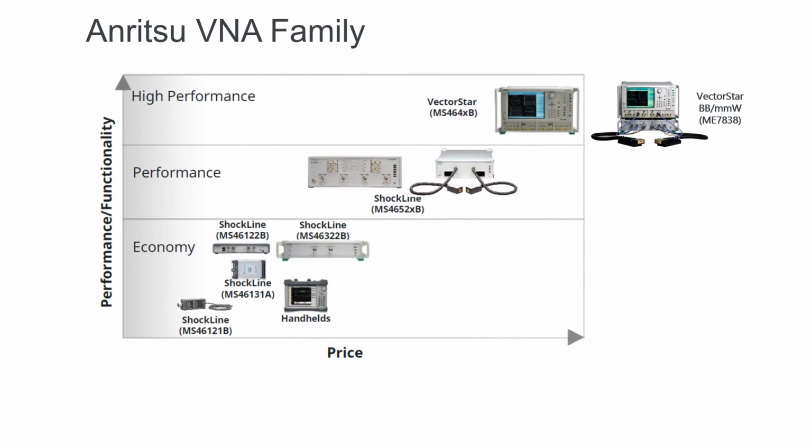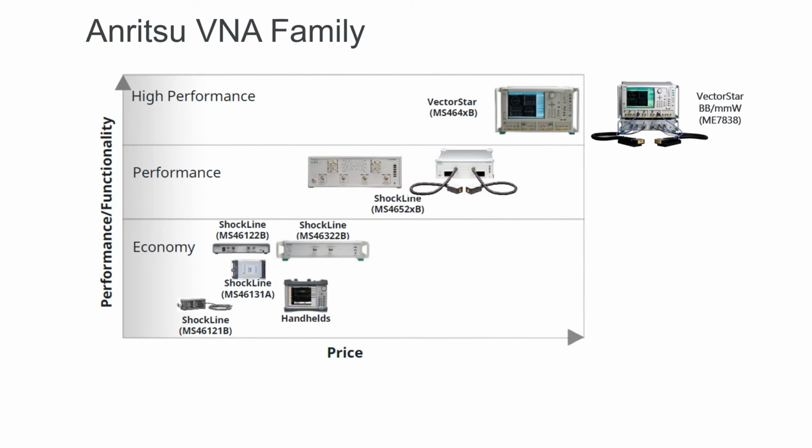So Anritsu has quite a wide family or portfolio of VNAs, ranging from the high-performance VectorStar, which we're talking about and demonstrating today. There's also a mid-performance 4-port called the ShockLine, and that goes up to 43.5 gigahertz. It also has the de-embedding software as standard on it, so much the same as what VectorStar has.